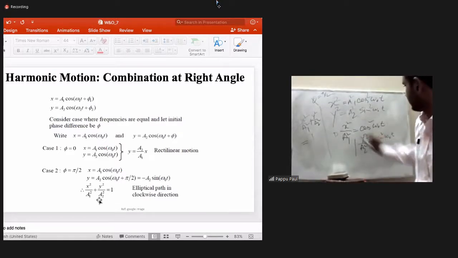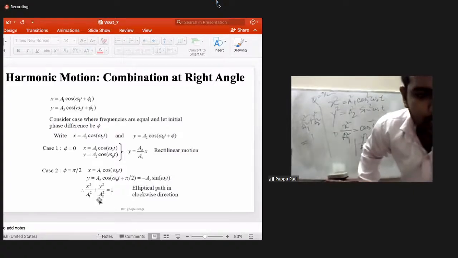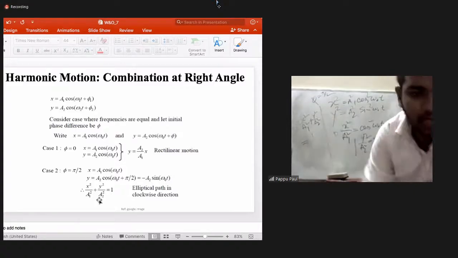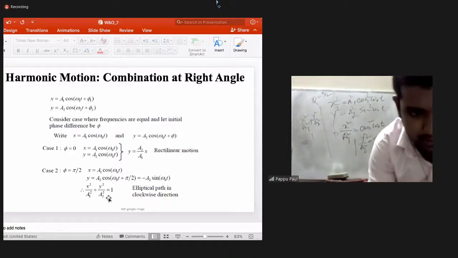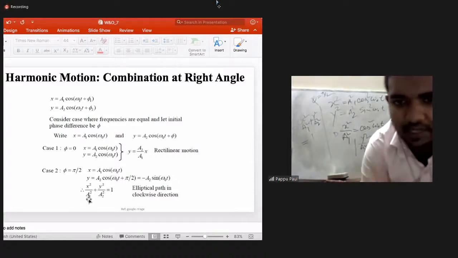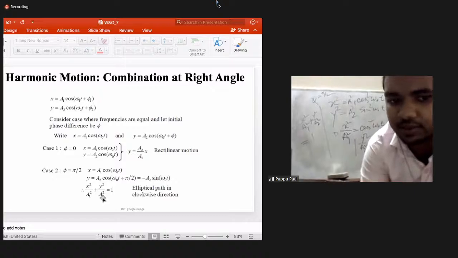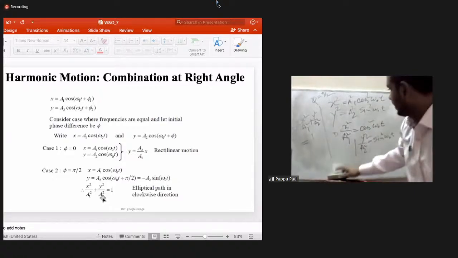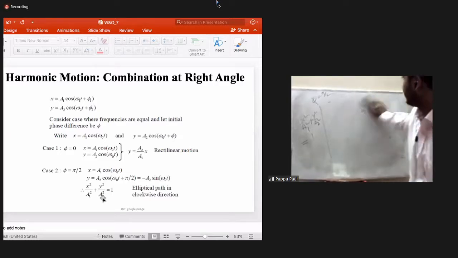Yes, this is square, this is square. Okay, I think you understand how we can write this equation in this fashion. This is the equation of an ellipse, but now let's consider that a1 and a2 are equal.